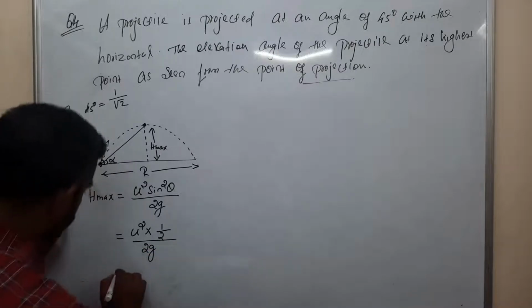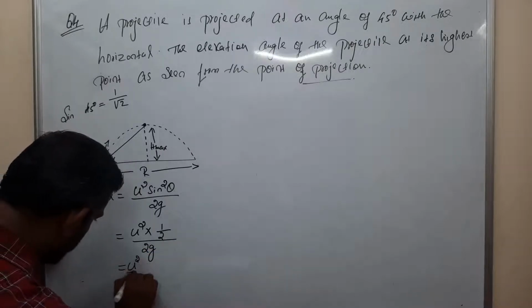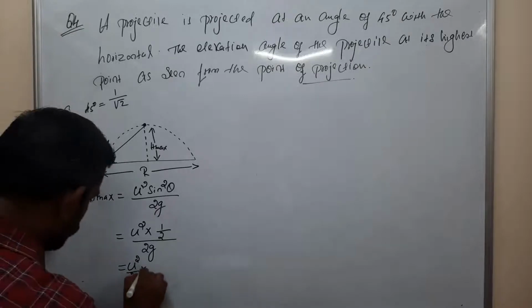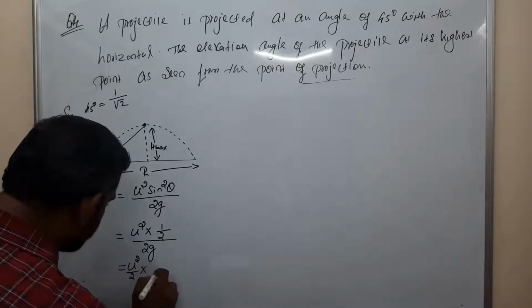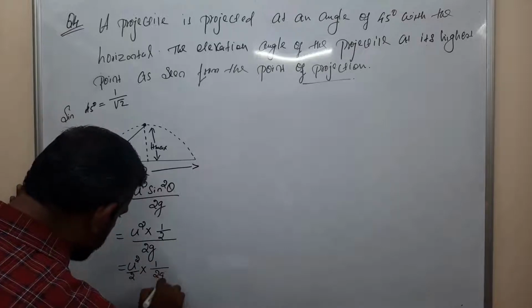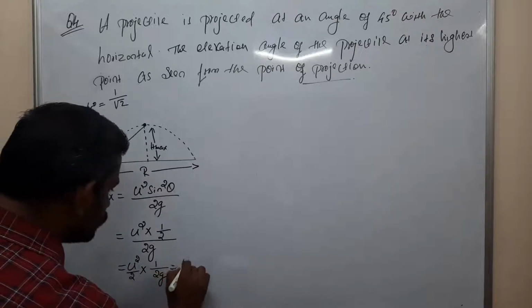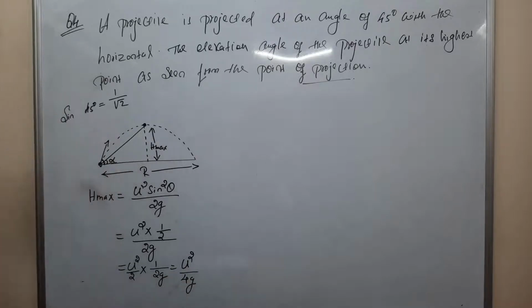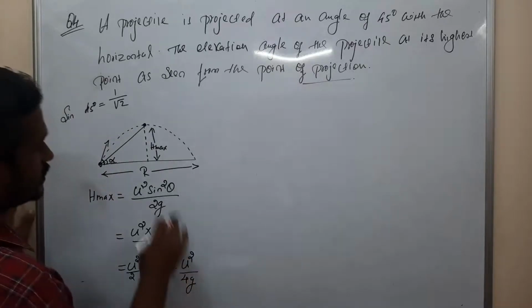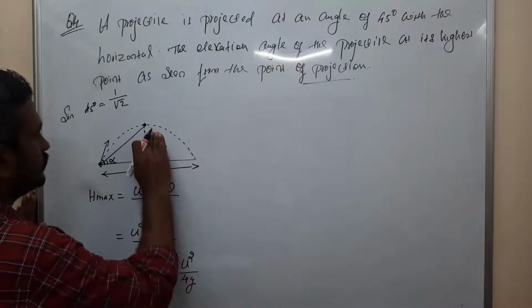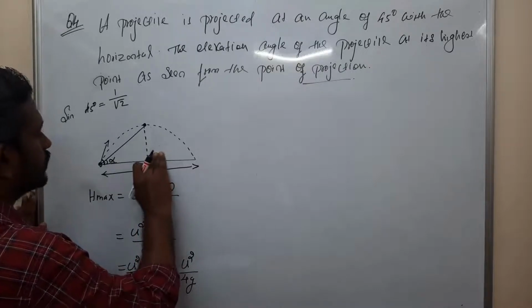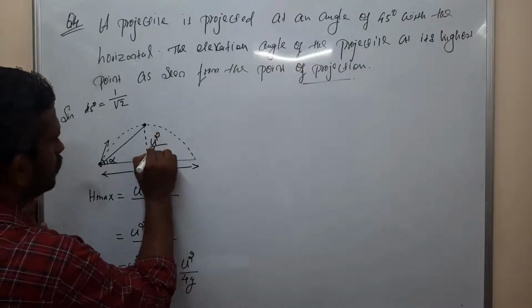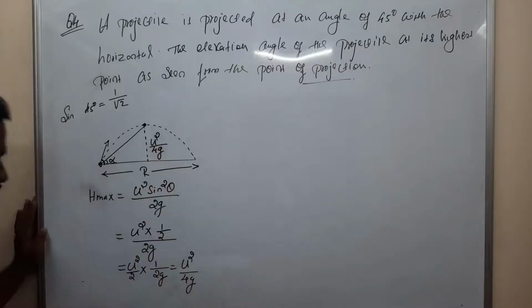So that's equal to U square by 2 into 1 by 2g, that is U square by 4g. So H max is U square by 4g.